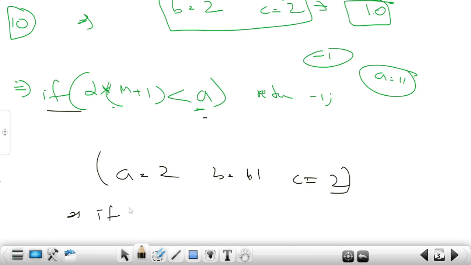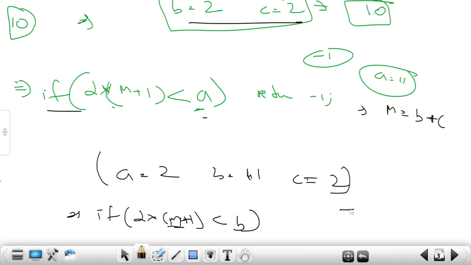The condition is going to be, if 2 cross m plus 1 is smaller than b, the count of b, and here m is also going to change. Notice that in the earlier case m is equal to b plus c, because b plus c are the rest two elements. In this case the value of m is going to be equal to a plus c.